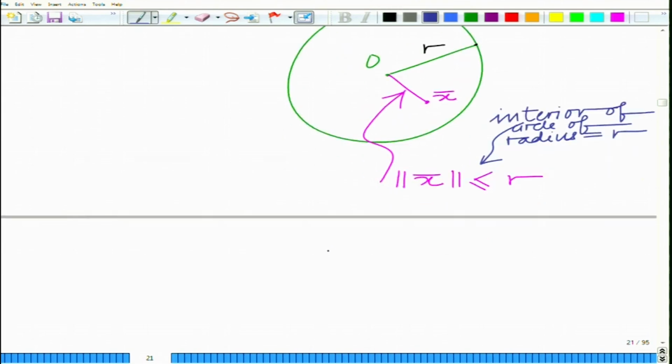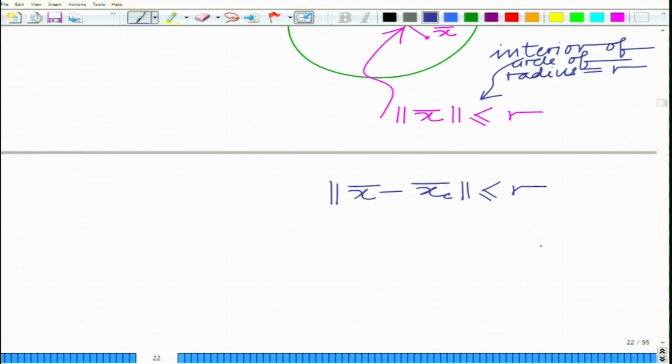Now, if the center is not the origin, then you can simply shift it by considering norm x bar minus xc bar less than or equal to r. This is a general circle or sphere.